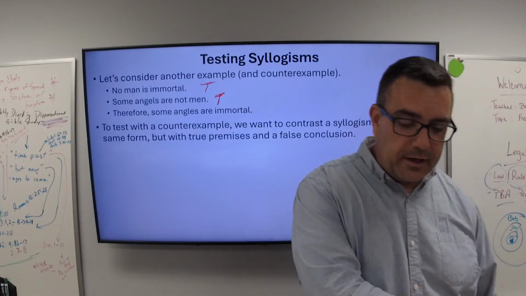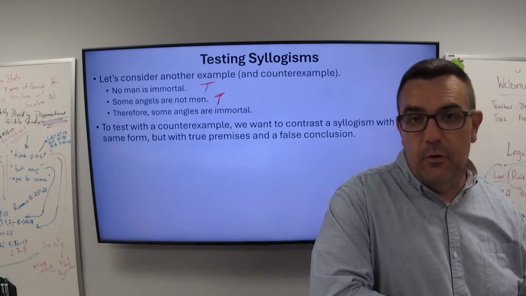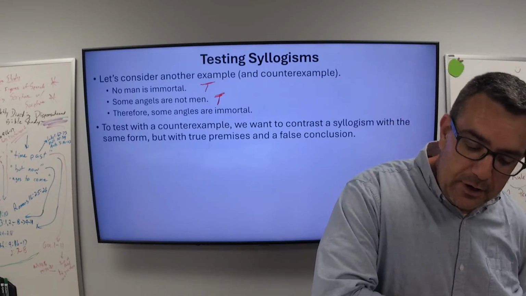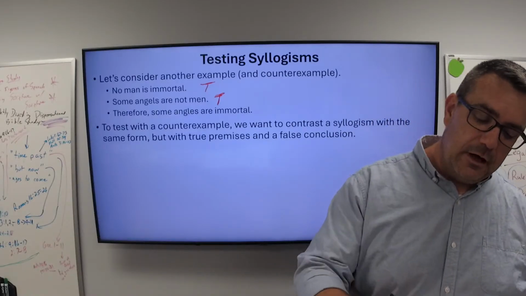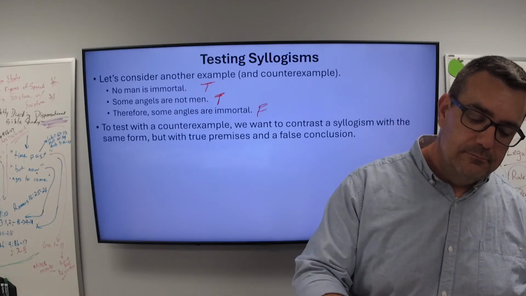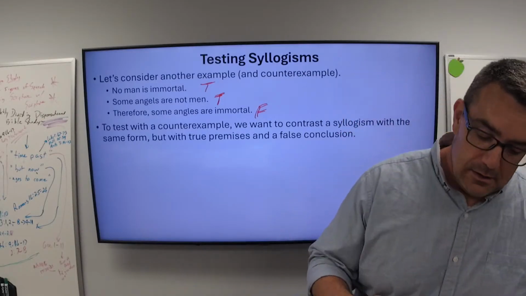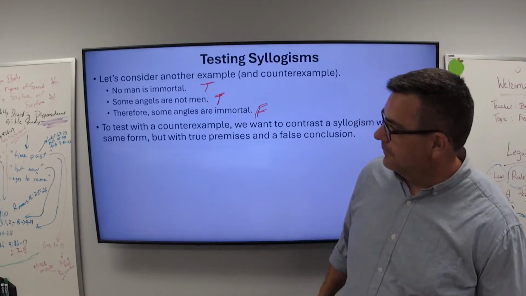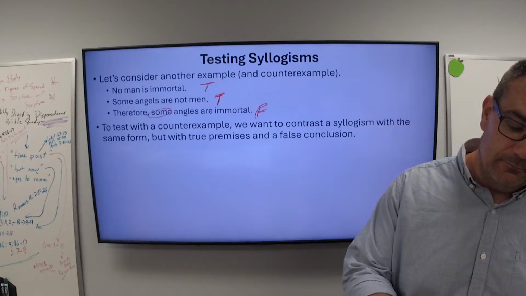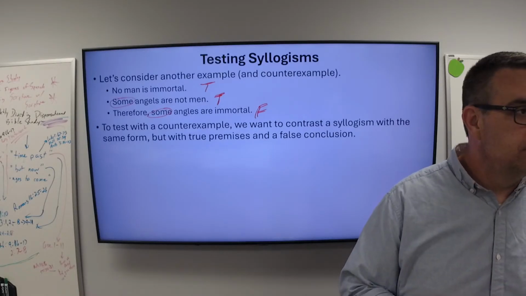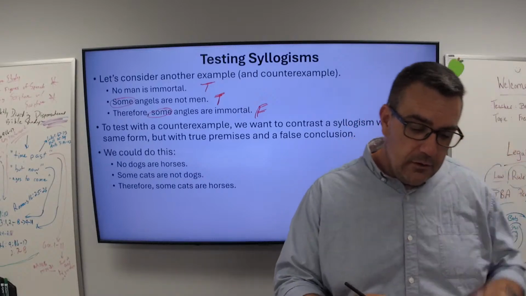To test with a counterexample, we want to construct a syllogism with the same form, but with true premises and a false conclusion. So they're saying here that this conclusion is what? False. And I think it's going to be false. I'm just theorizing here, even though I've already looked at it, because of the use of what? Some. Well, we'll see.